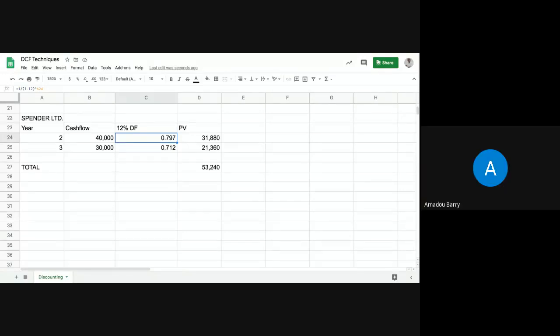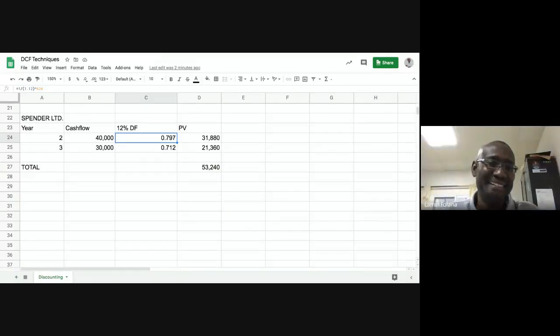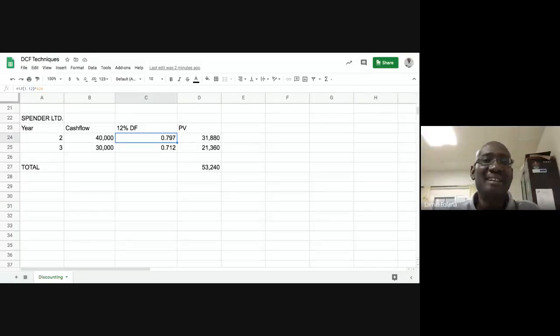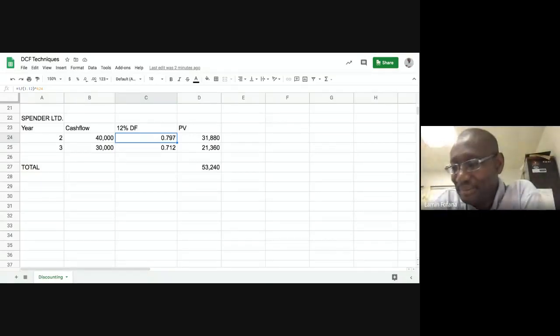Uncle Amadou, I think you have forgotten the equal to sign. Ah, you are right, sweetheart. Thank you. Okay, good. Right. You know, actually on Excel, you cannot start any formula without an equals sign.